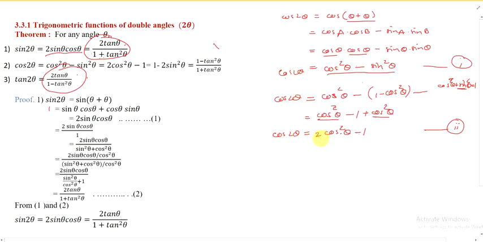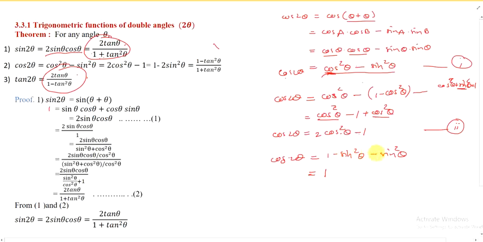Now from equation 1, let us see again. Again consider from equation 1, cos 2 theta is equal to, now we will change this cos square theta. Cos square theta can be written as 1 minus sin square theta, and minus sin square theta is already there, isn't it? That is 1, and this minus and this minus both have the same sign. If both have the same sign, then we have to take addition.